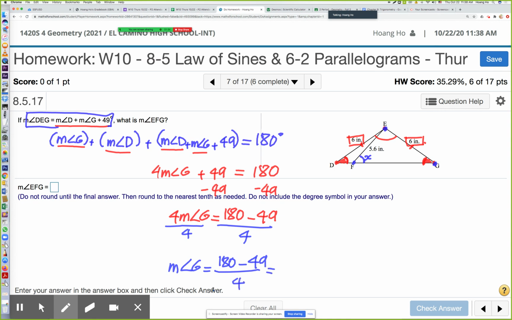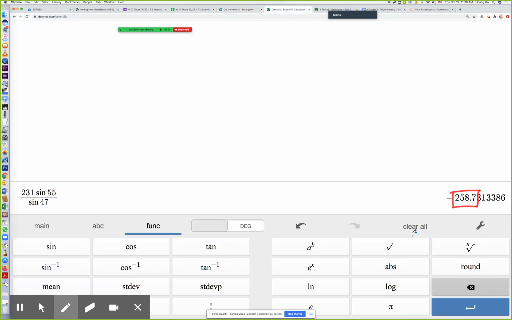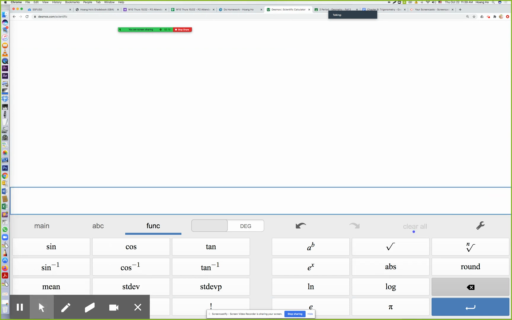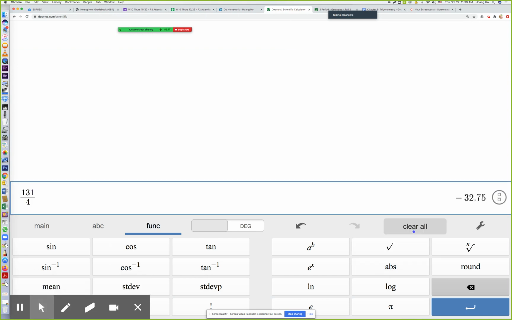Let's do this. 180 subtract 49 is 131. 131 divided by 4, let's find out how much that is. 32.75 degrees.